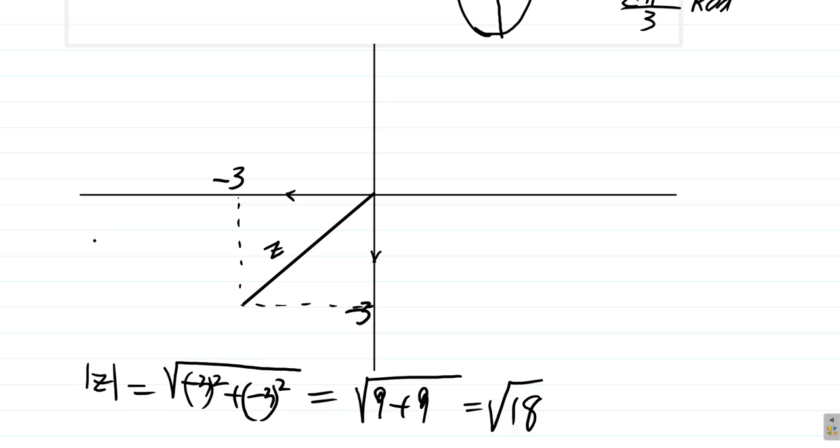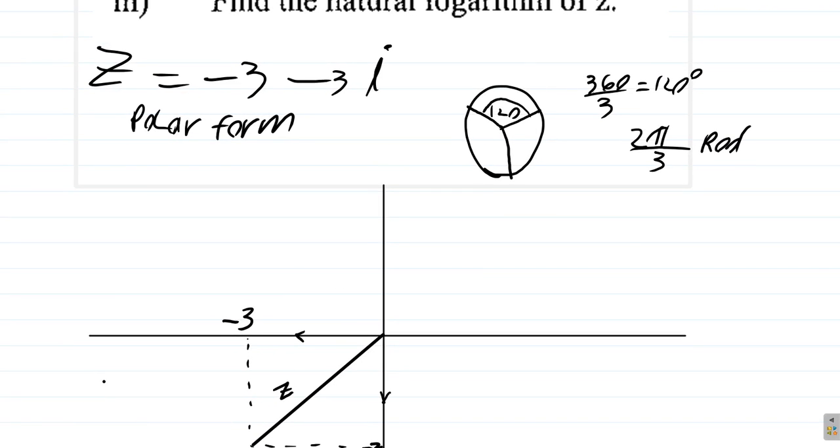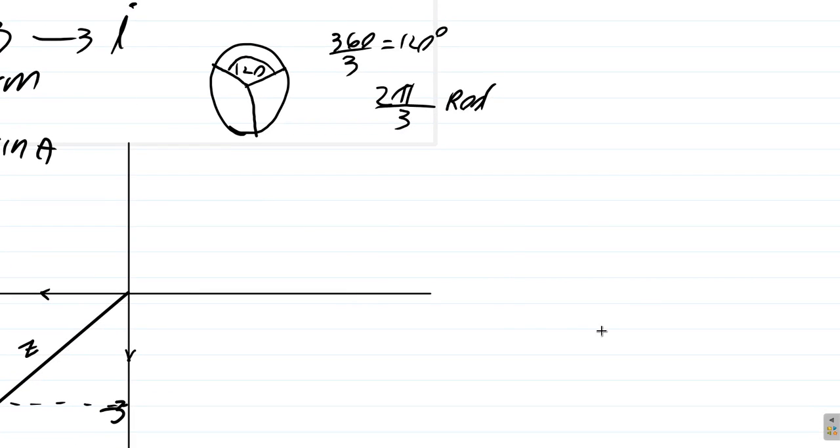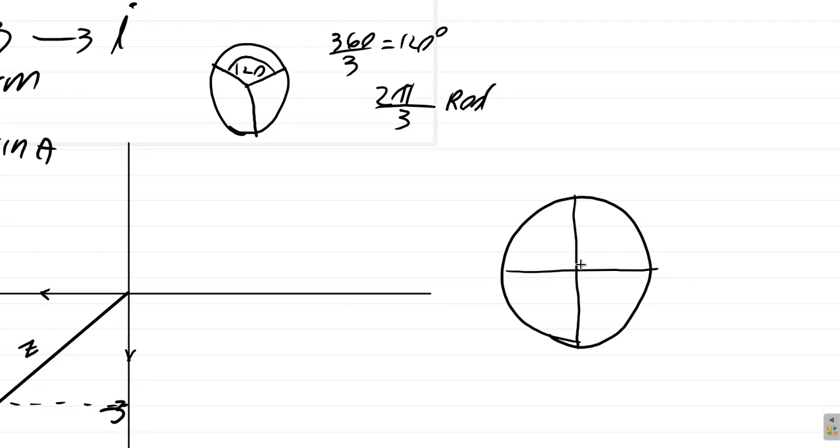Now remember, the polar form is z equal to r cos theta plus i r sin theta. And remember where it comes from. So a little review here. You have the x and y axis, and you have your r here.